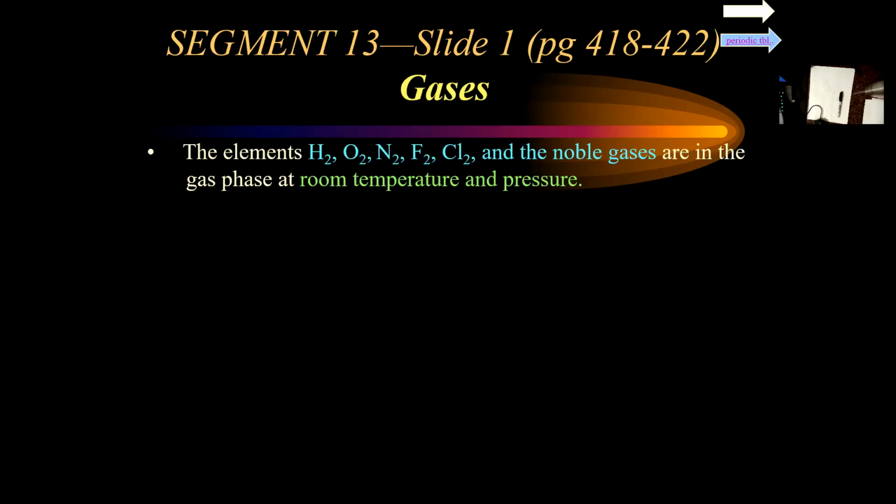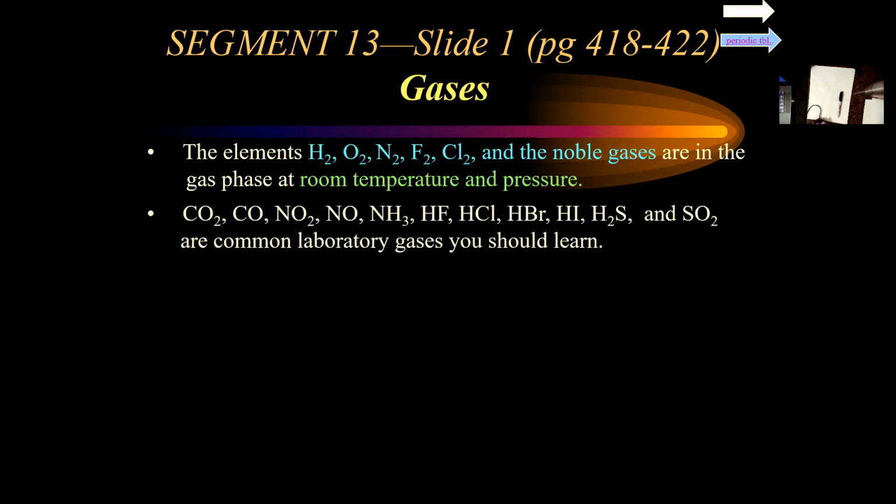You notice I didn't include it in the fluorine family. Fluorine, chlorine are gases at room temperature, but bromine is a liquid at room temperature, and iodine is a solid at room temperature. So almost all of them are solids, and of the solids, the vast majority of them are metals. Okay, but these are the gases at room temperature.